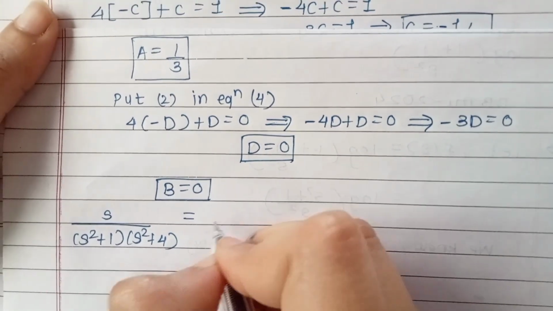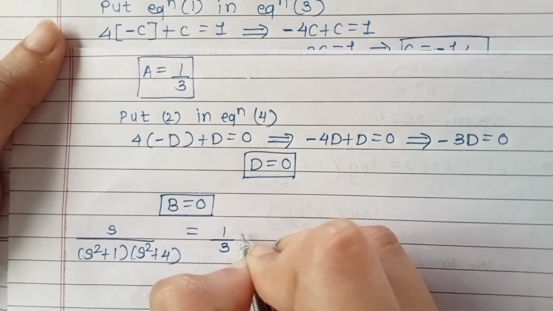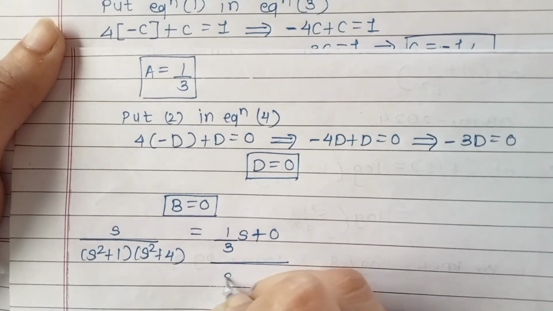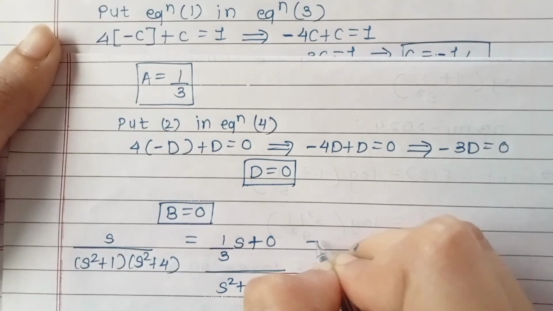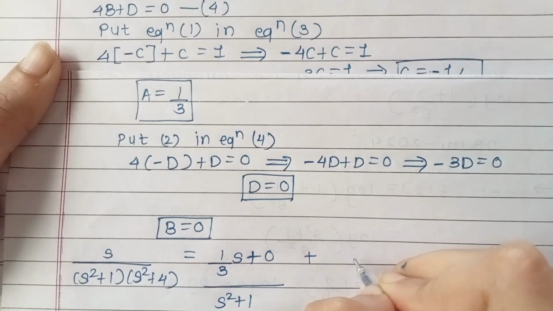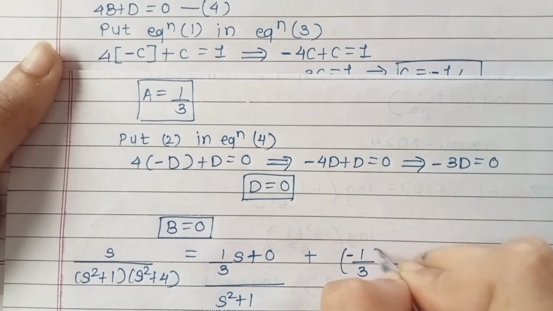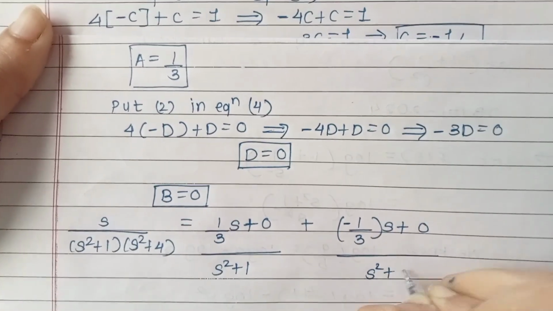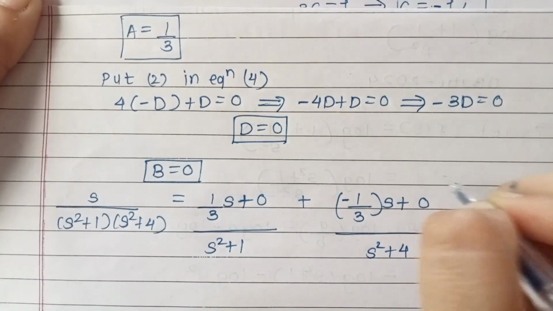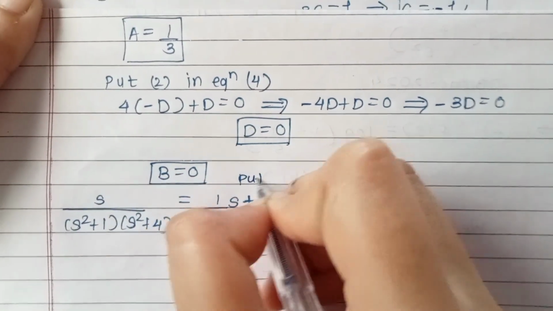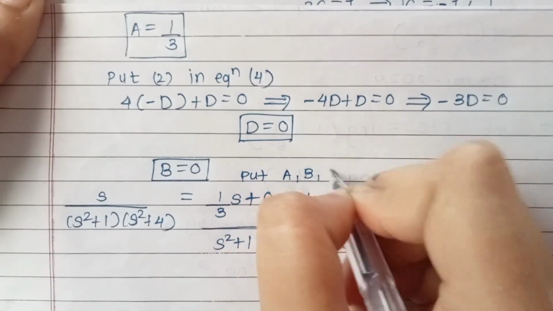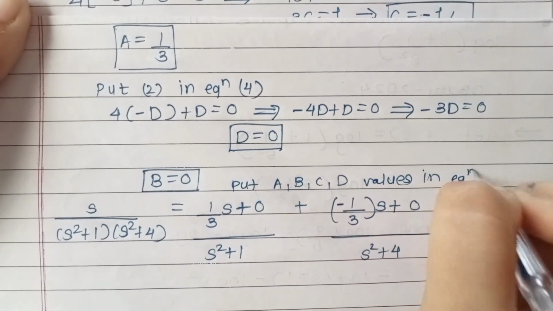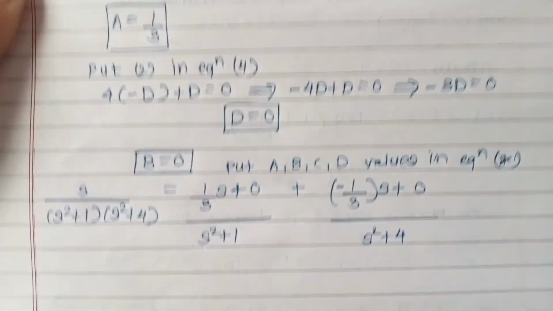The value of a we got is 1 by 3, b is 0, the value of c we got is minus 1 by 3, and the value of d is 0. I'll write here, put a, b, c, d values in equation star, to understand better.